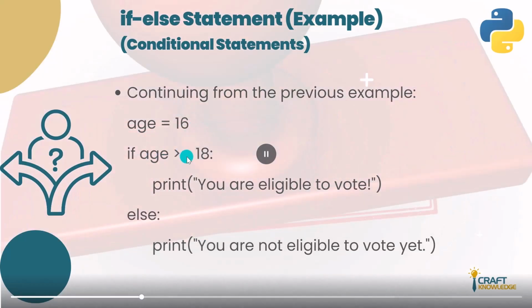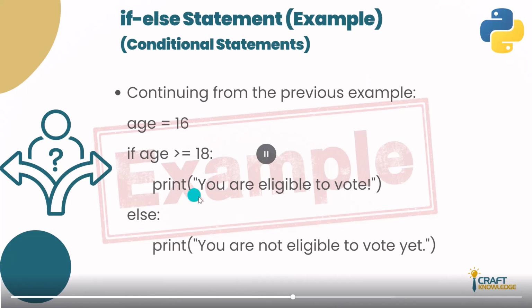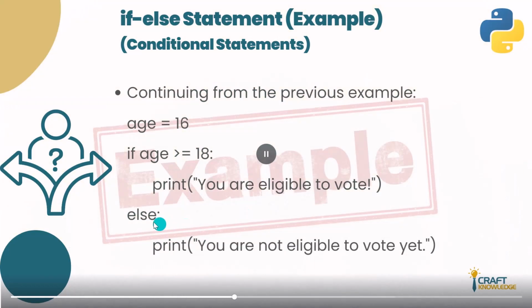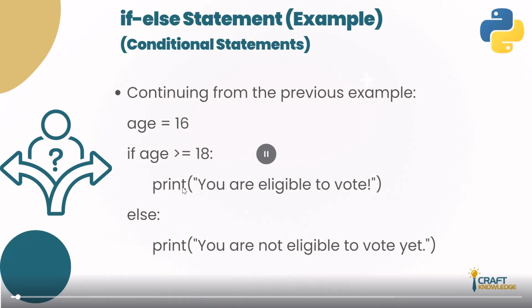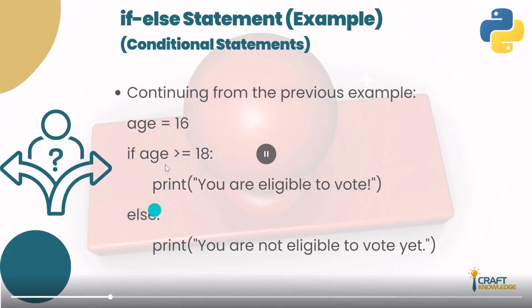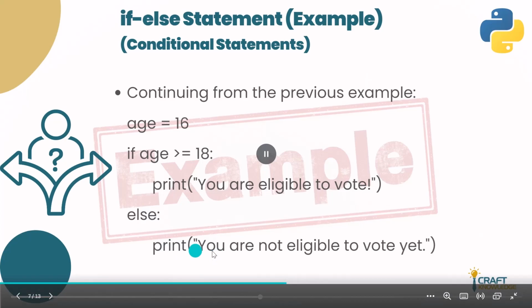So if age is greater than or equal to 18, then print out you are eligible to vote. Cool. But if you're not eligible to vote, then what was the problem? We need to output you're not eligible to vote. So if age is greater than 18, then do this. Else, if this is not true, then print you're not eligible to vote yet, right?